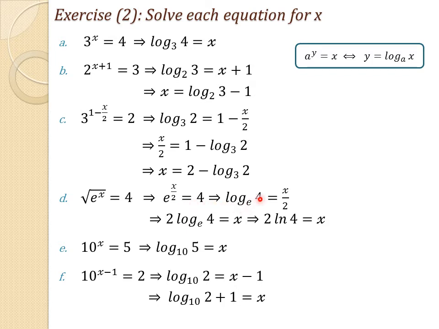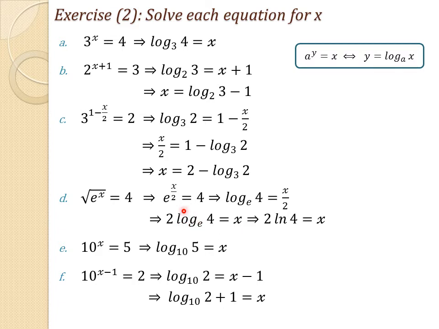This is logarithm 4 base e equal x over 2. Now we just want to reach x, so we will multiply the equation by 2. This is going to be 2 logarithm 4 base e equal x.